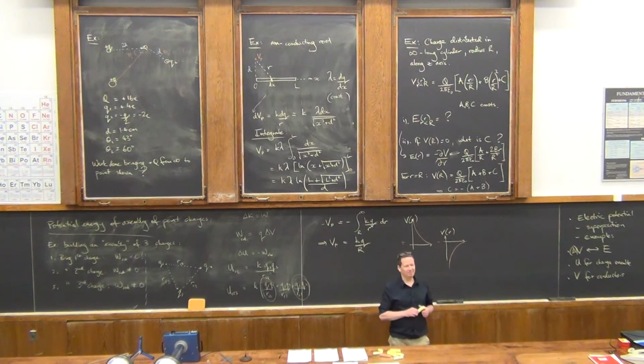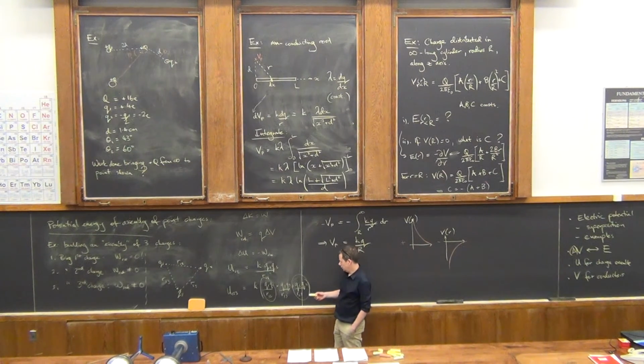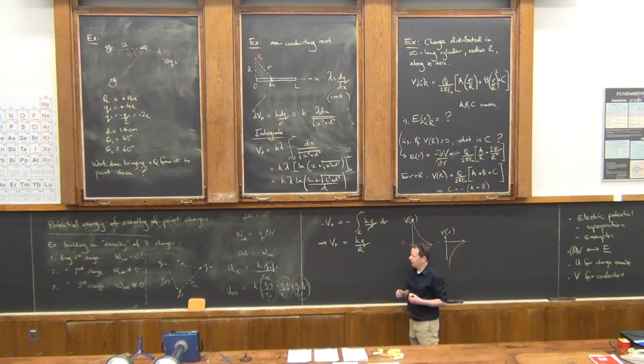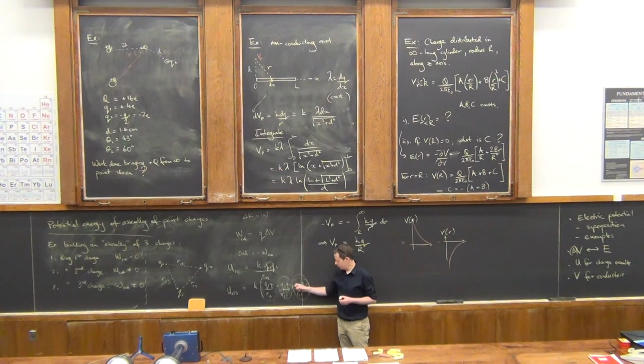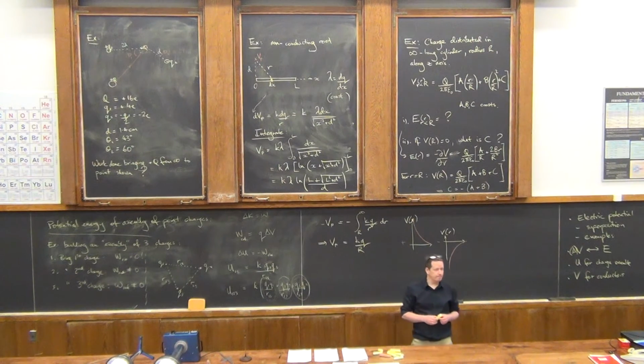Prior to 3 being in, I got the wrong ones here. So this comes from 1 and 2, right? So that just is the potential energy once I've got 2 and 1 in the picture. And then it's these two terms that have Q3 in them that get added to the potential energy as I bring the third one.